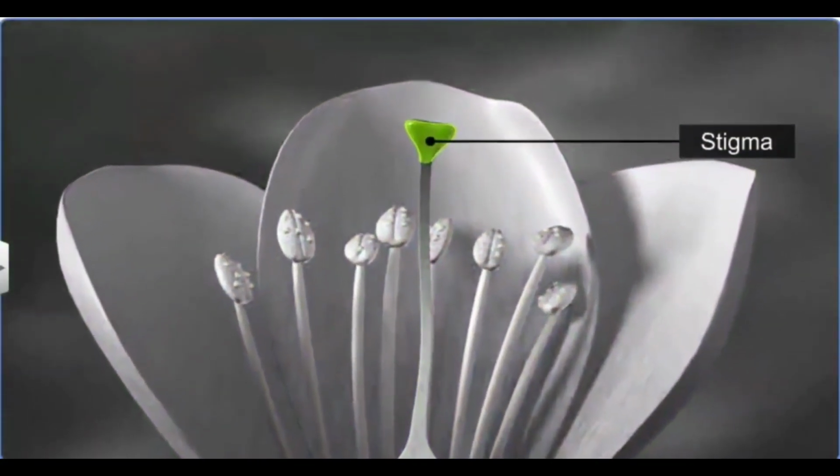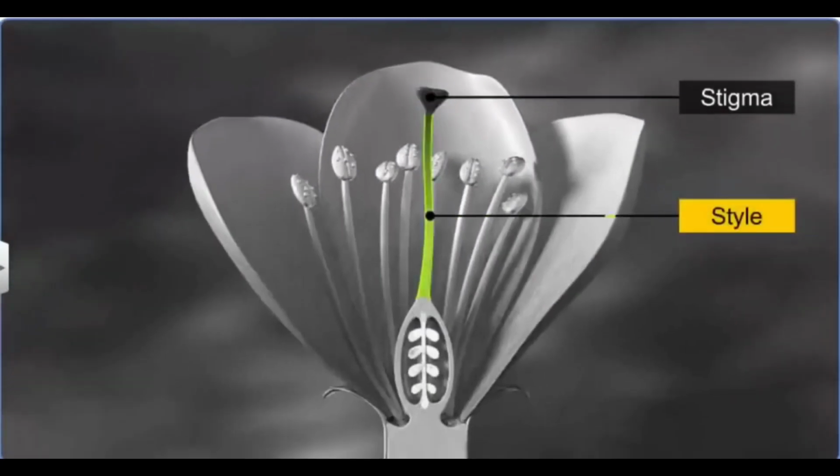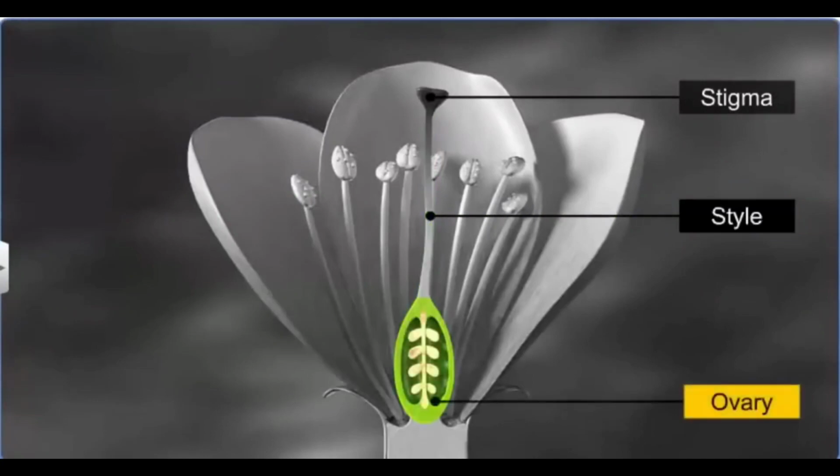While the stigma is a landing platform for pollen grains, the style, an elongated, slender structure, connects the stigma to the ovary, the basal bulging part of the pistil.